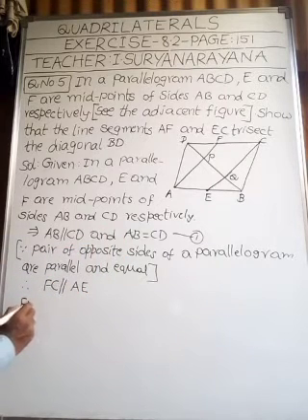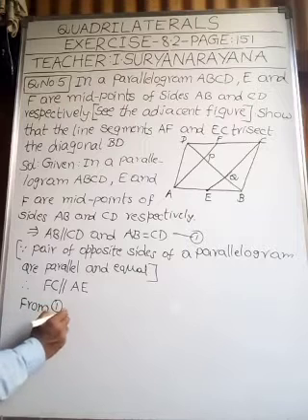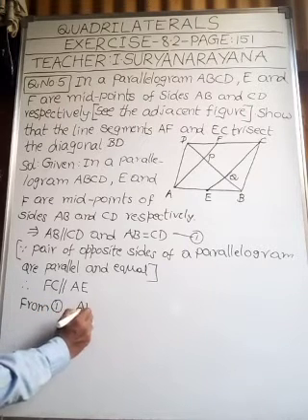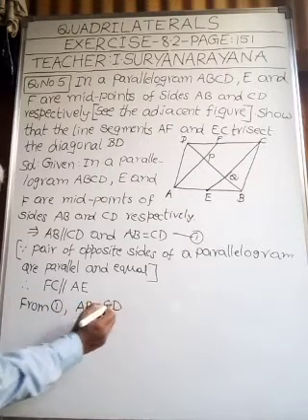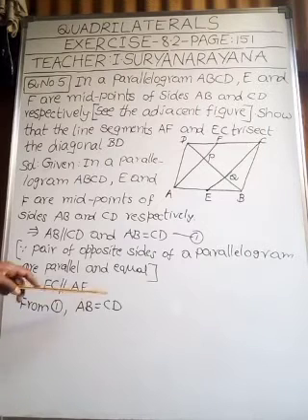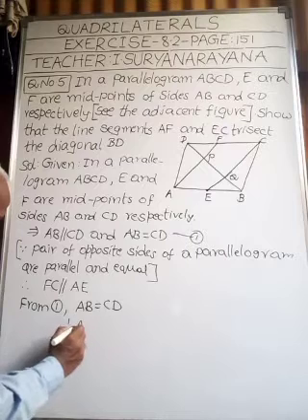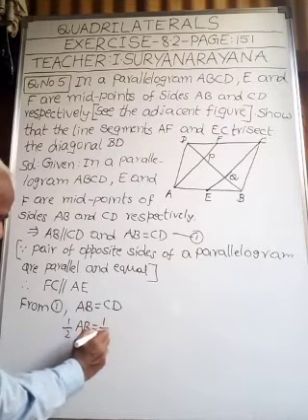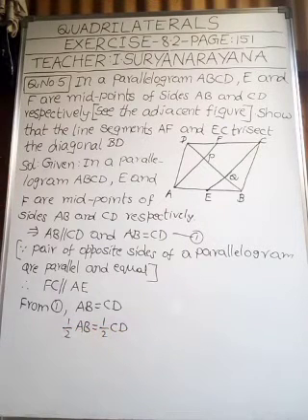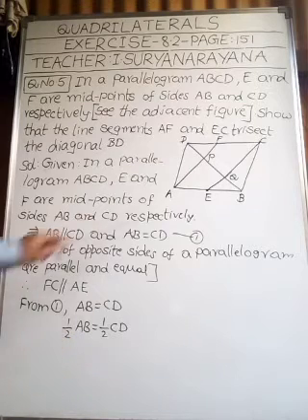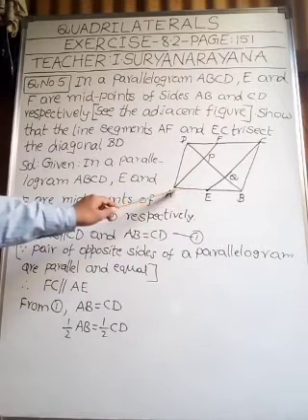Now AB is equal to CD from equation 1. Let us divide by 2 on both sides. Okay, my children, so half of AB is equal to half of CD. We are multiplying this equation on both sides by 1 by 2. What is half of AB?